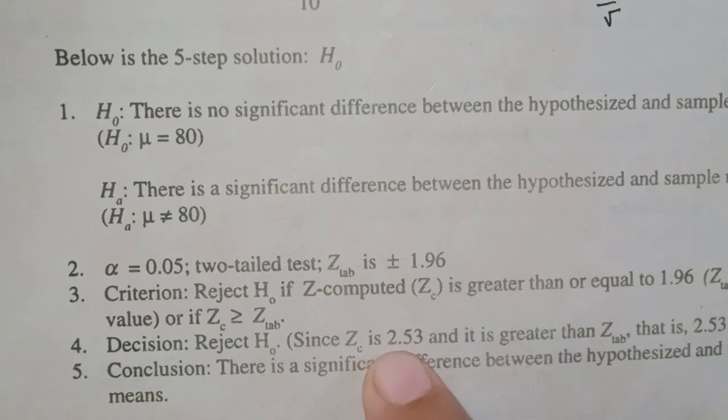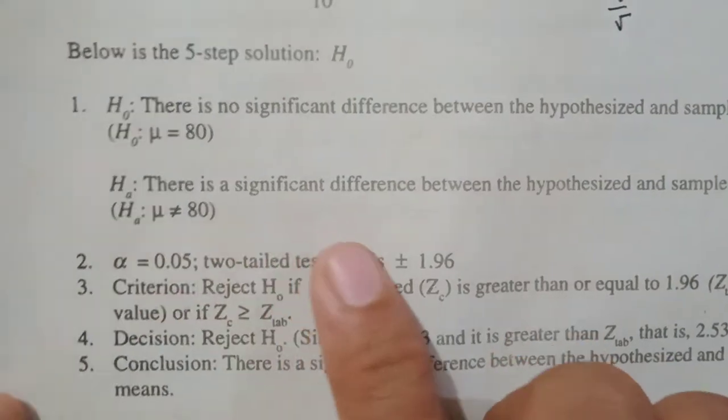Okay? 2.53 sa formula yon. Iba't ibang libro kasi, iba't iba yung parang pinaka steps. Pero ito, maaari na nating gamitin yung steps na yan, no? Para sa pag-compute ng z value.